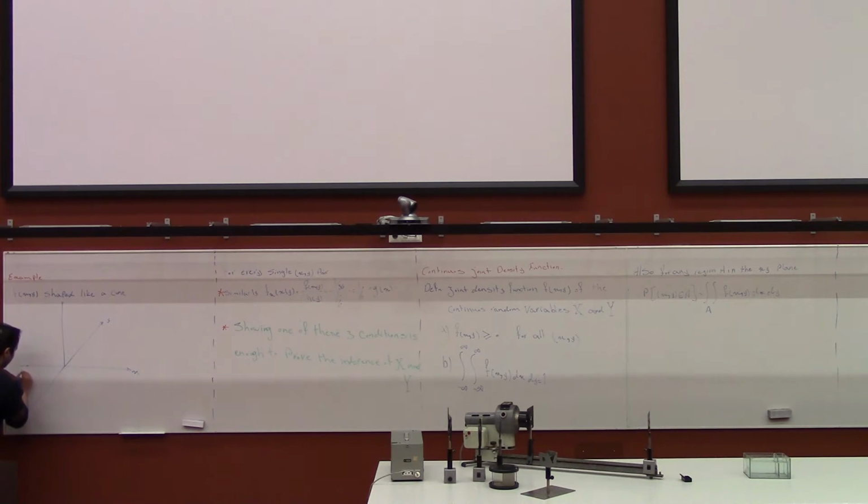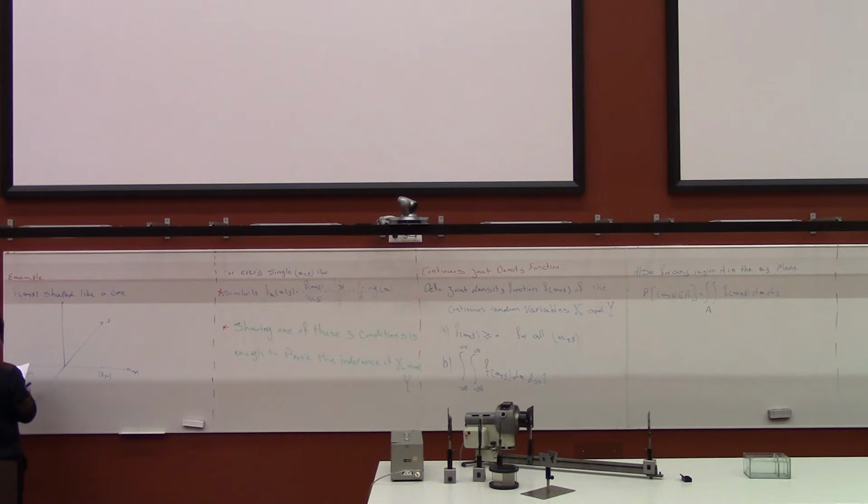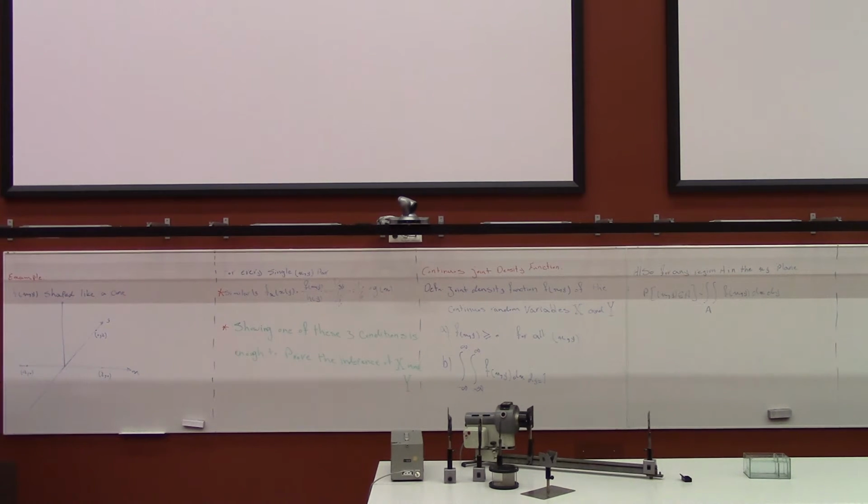Minus 2, 0. Okay. Assume here is 0, 2, and here 0 and minus 2.